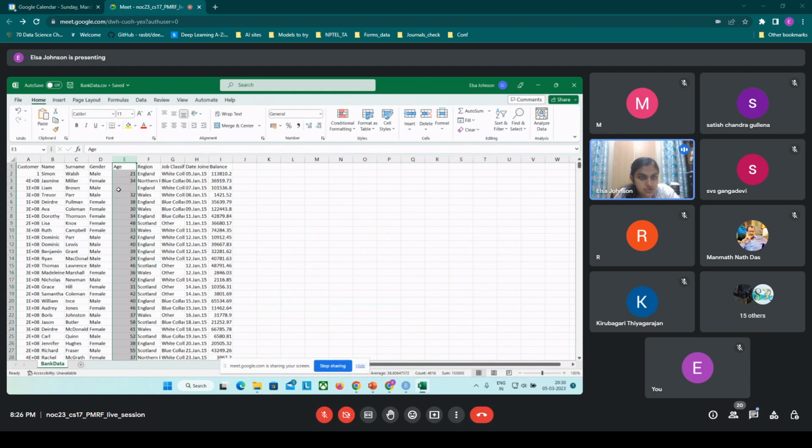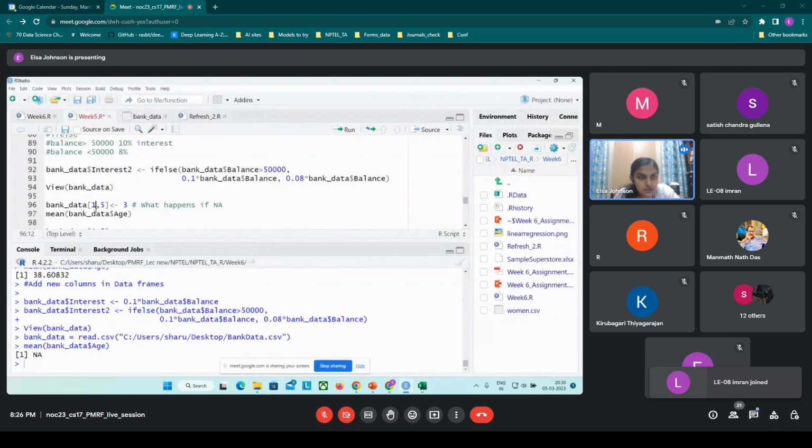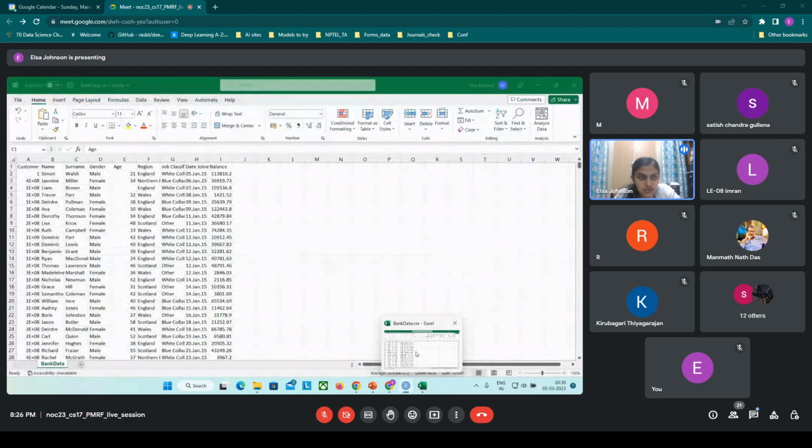So right now the NA value is present in that particular place. We will see, in which row is the NA value present?